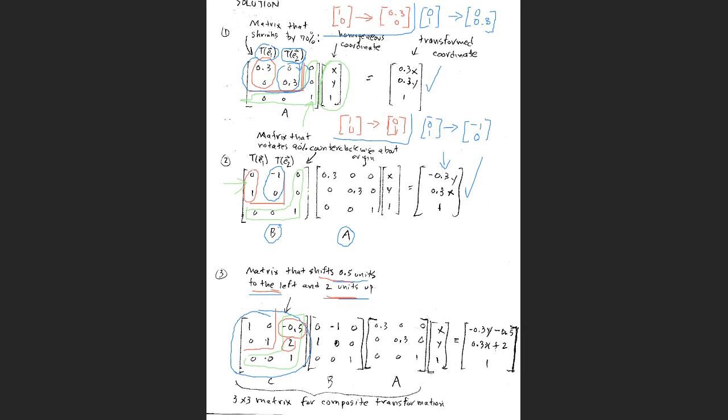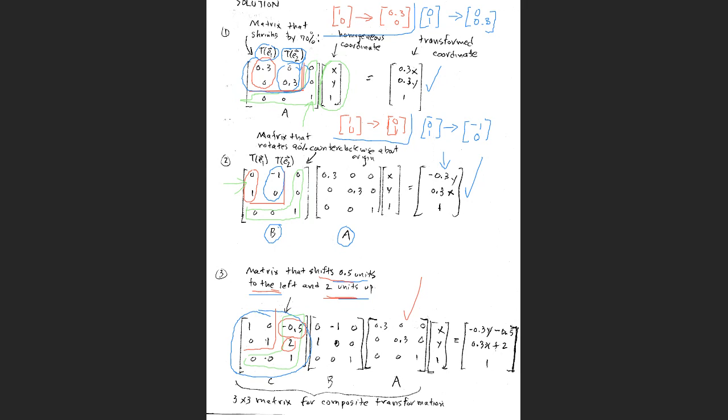And then if you multiply C times B times A, is the order of the multiplication important, by the way? Absolutely. The order of the transformations is important because we're doing the shrinking first, the rotating second.